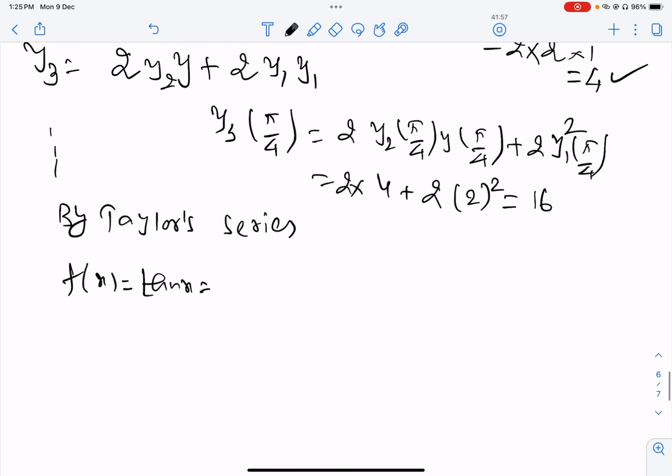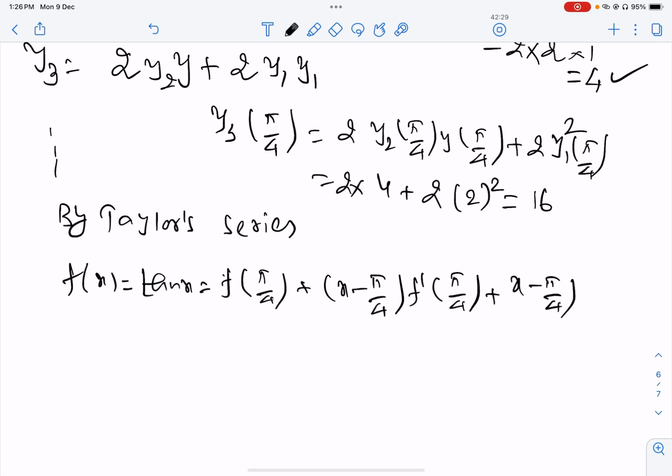So what is that formula? f of x is f of a plus x minus a into f dash a, that means f dash pi by 4, plus x minus a square, that is x minus pi by 4 square, by factorial 2 into the second derivative at pi by 4, and so on.